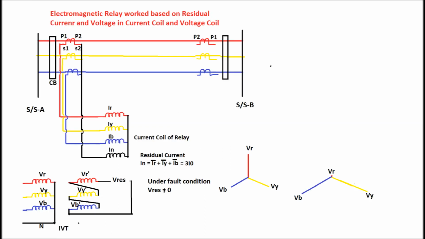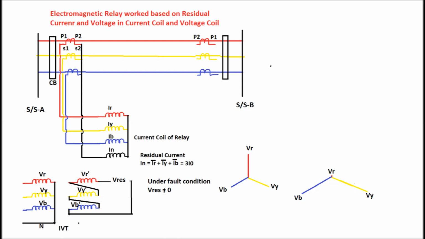Under a solid red phase to earth fault, that is, VR comes to 0 and VB and VY come to line voltage, and as a result the residual voltage comes as the sum of VR, VY and VB. VY is the phase to phase voltage, that is 110 volt, and VB again comes as the phase to phase voltage 110, and as a result the residual voltage is equal to 110 volt.